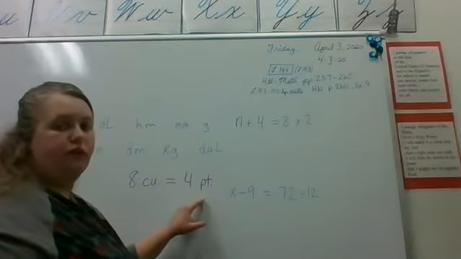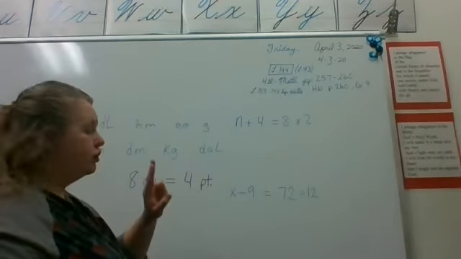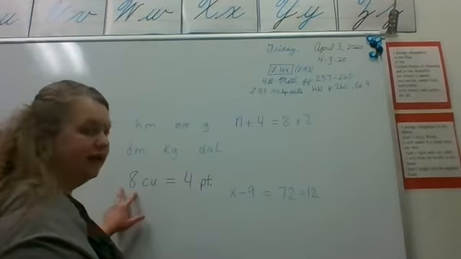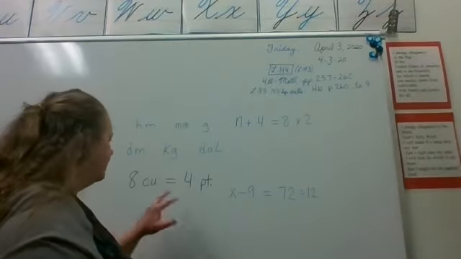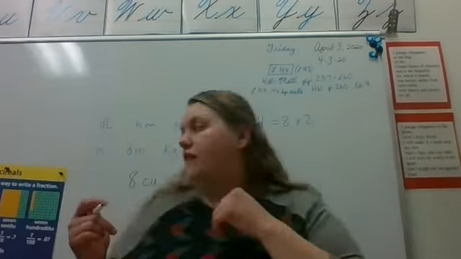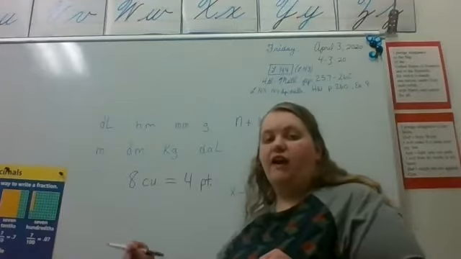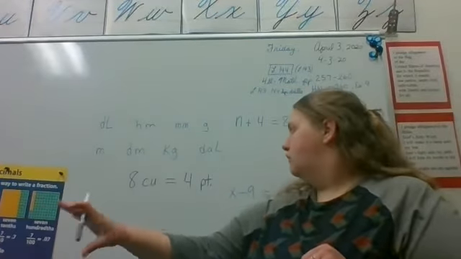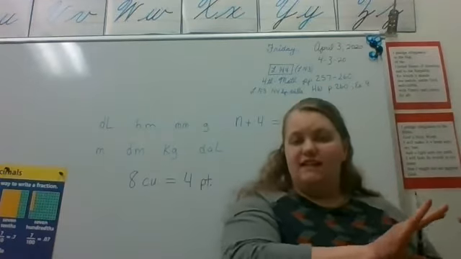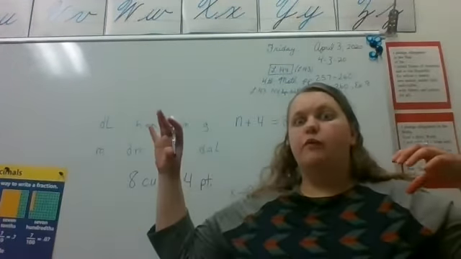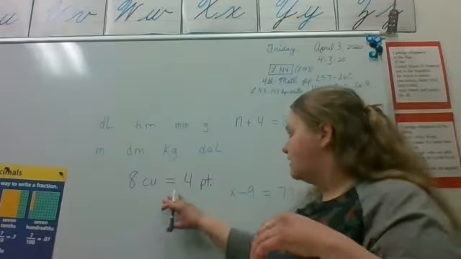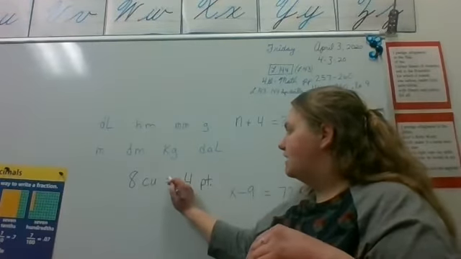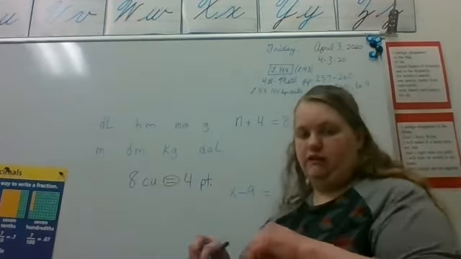So if we want to know 4 pints, we go 2 times 4, we get 8. 8 cups in 4 pints. That's equal. If I had 8 cups of grape juice and 4 pints of grape juice, they would be equal amounts. So that's what this equal sign is, an equation.